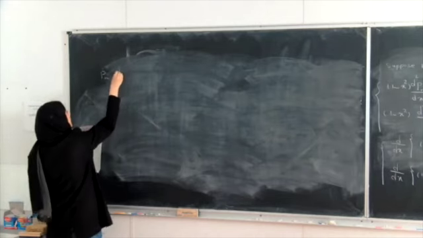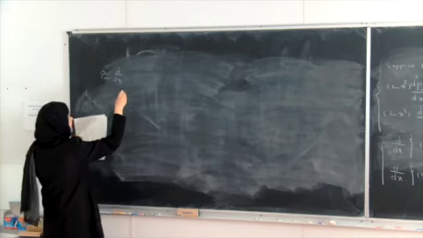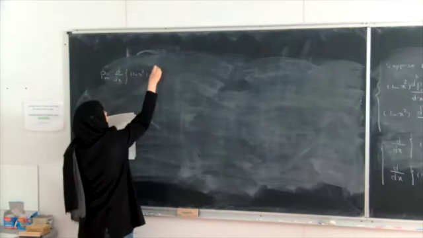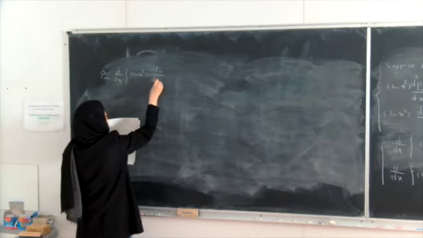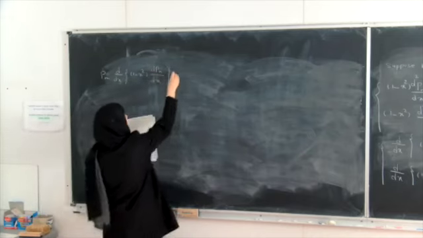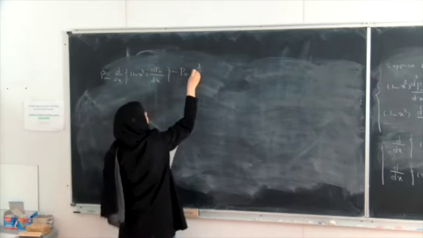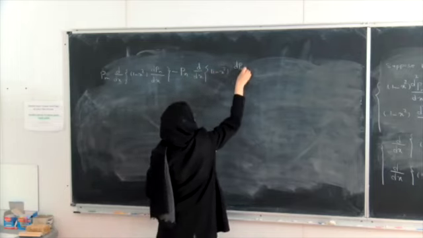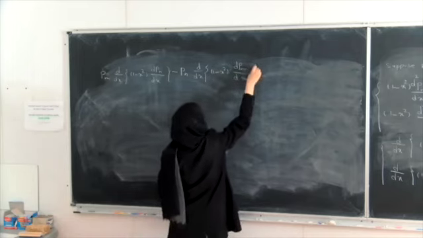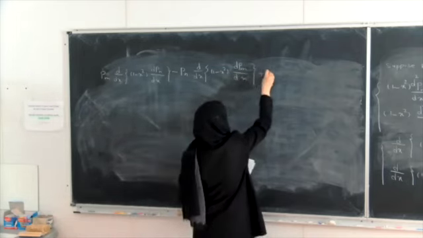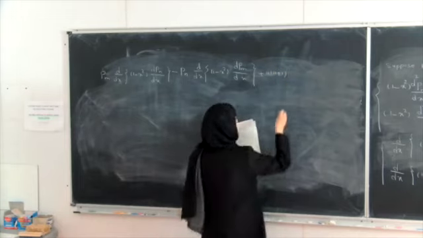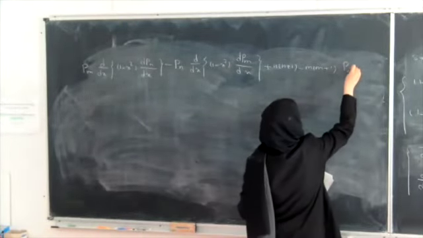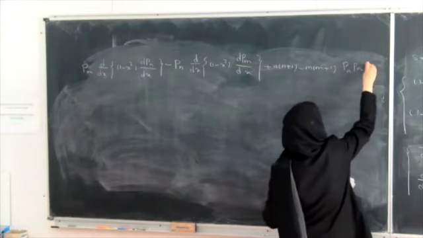Pm, the derivative of, minus Pn, plus n times n plus 1 minus m times m plus 1, Pn Pm equals to 0.